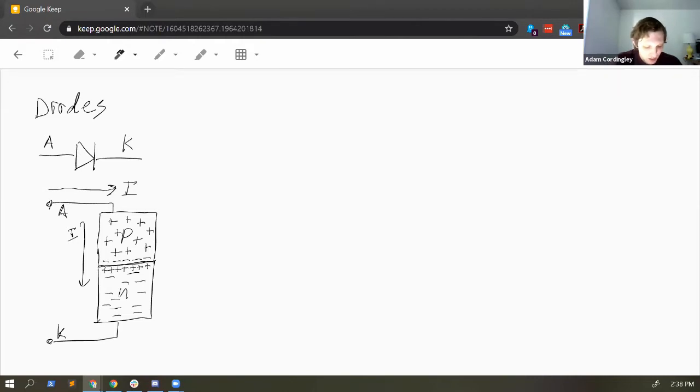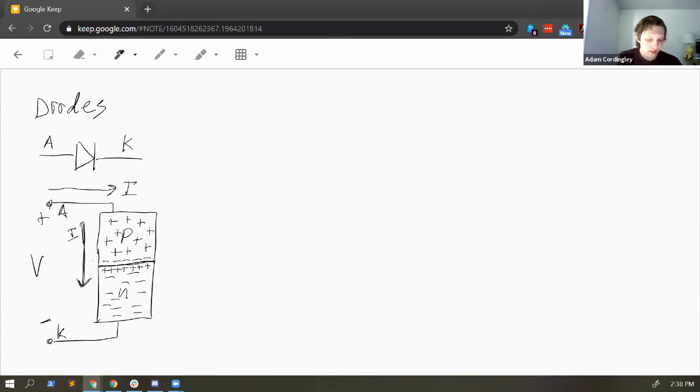I need to apply enough electric field to start pushing more holes into the N region and pulling more electrons into the P region. So this ends up becoming some voltage that I have to apply across the diode in order to pass a certain amount of current.